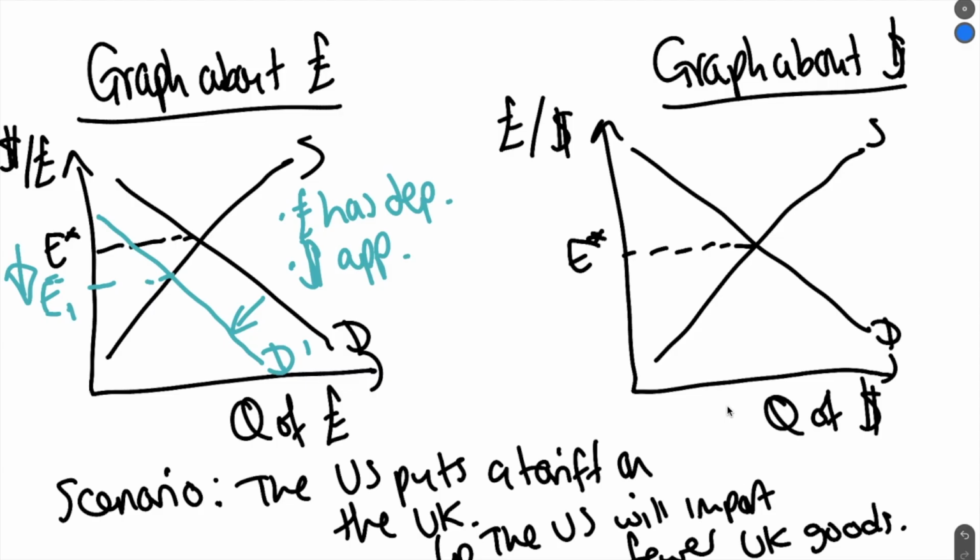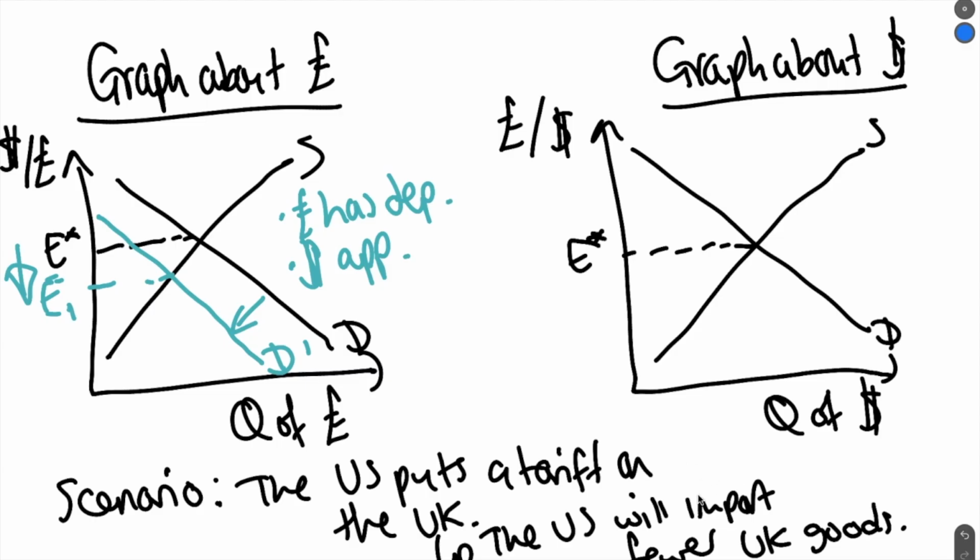And the US aren't really wanting to change their dollars up for pounds as much because they're not wanting to buy as many UK goods. So the US have the home currency, in which case this is a supply side problem. So it hits the supply curve.